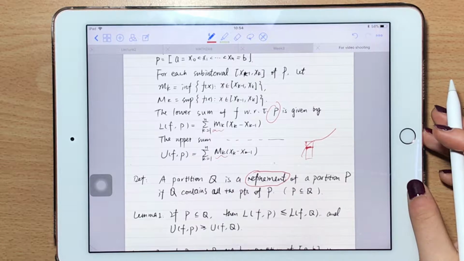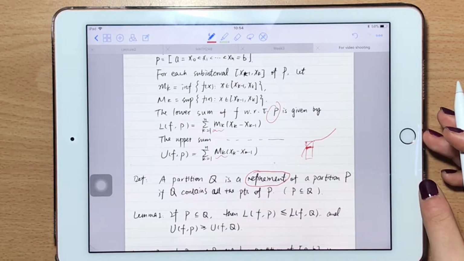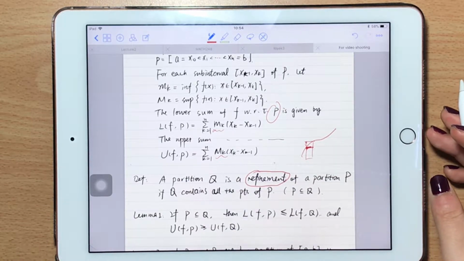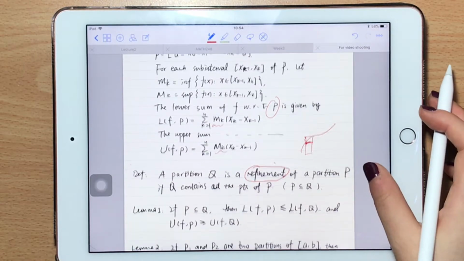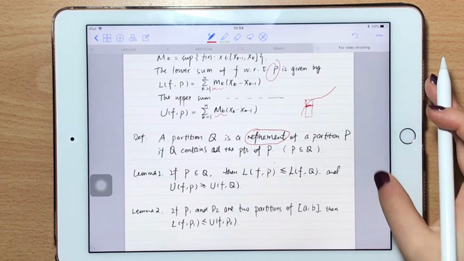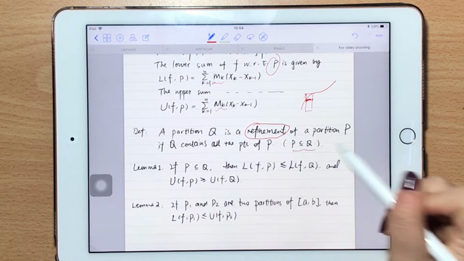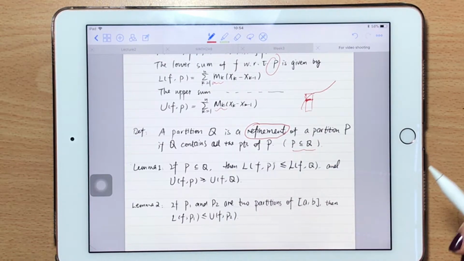And since it partitions it further, it will definitely get a better answer, because you actually divide it into more subsets, right? And we sometimes write P ⊂ Q to show that Q is a refinement of P.